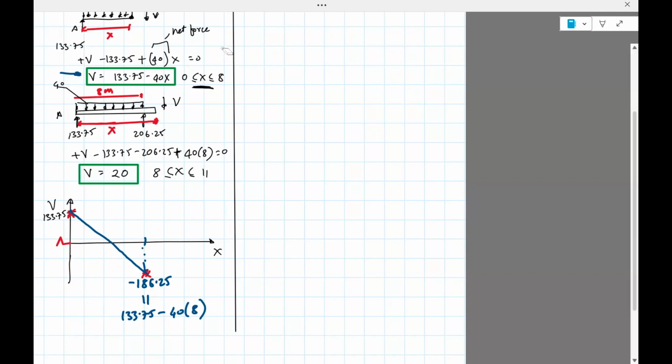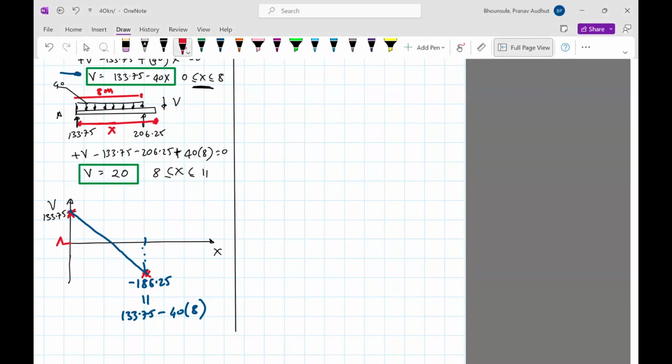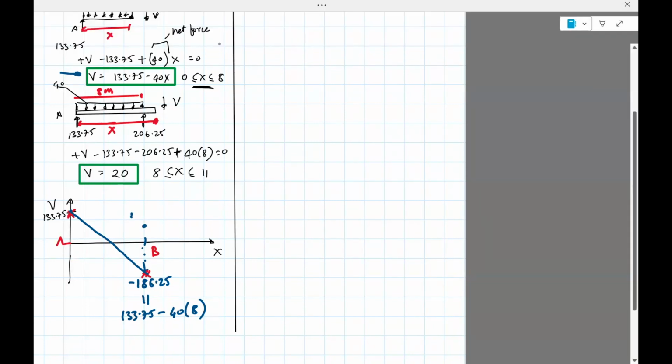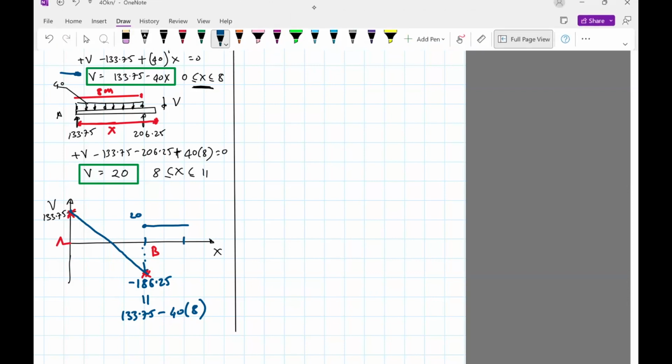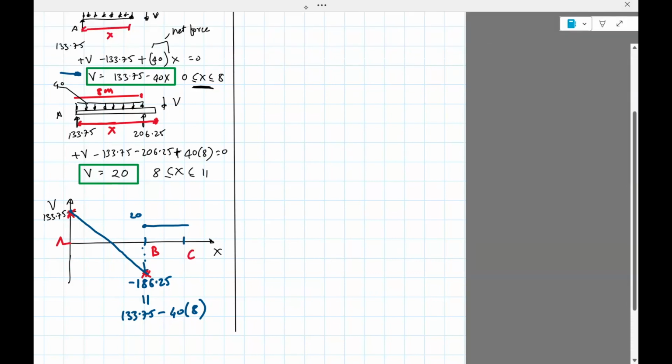That's a constant force. So at 8, again, we have 20. And then this 20 will keep going all the way to 11, which is C. Interestingly, the force abruptly changes from minus 186.25 all the way to 20.